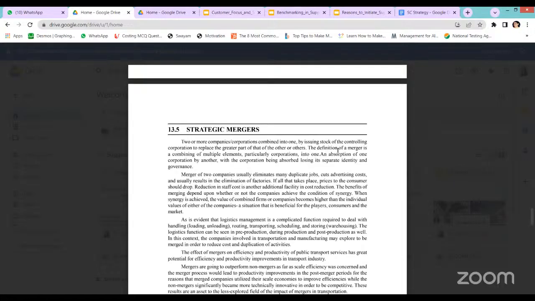So they share resources, technology, and knowledge while remaining separate entities. They remain separate entities, but they share. It is more than a partnership. Here there is no equity agreement, but they have defined roles and responsibilities, and time-bound and project-specific alliances will be there.